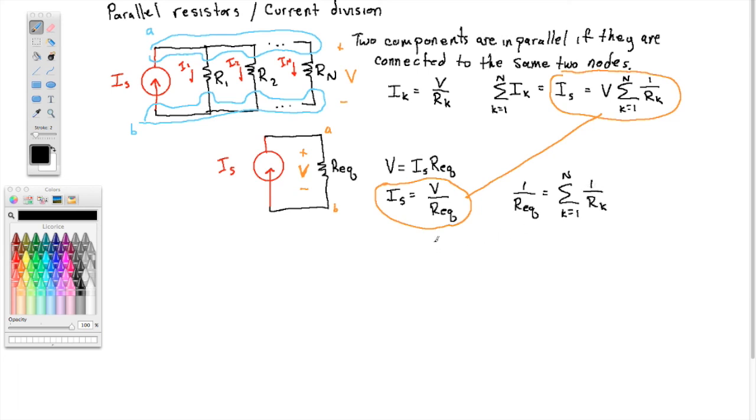If you're not used to that sigma notation, this means that 1 over the equivalent resistance is 1 over R1 plus 1 over R2 plus up to 1 over Rn. So it's the reciprocals that add. And finally, the equivalent resistance is the inverse of all of that. So that's how parallel resistors combine.